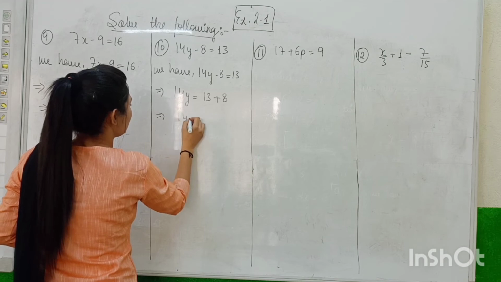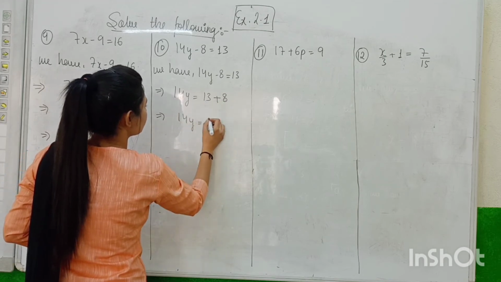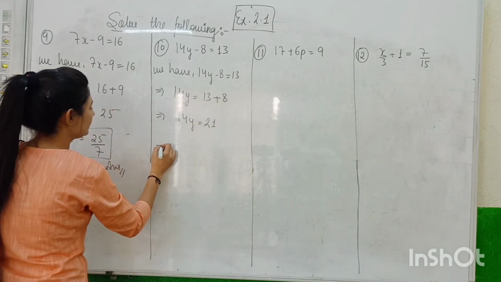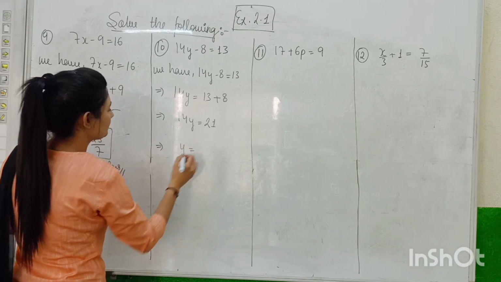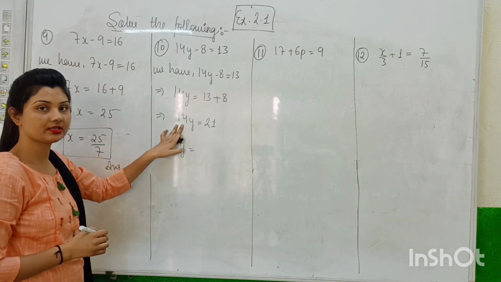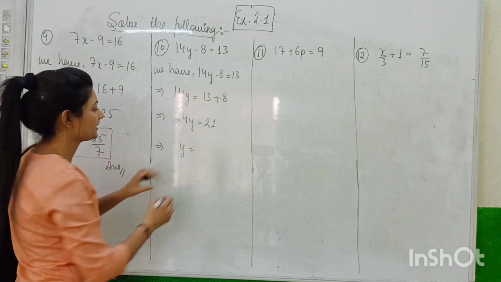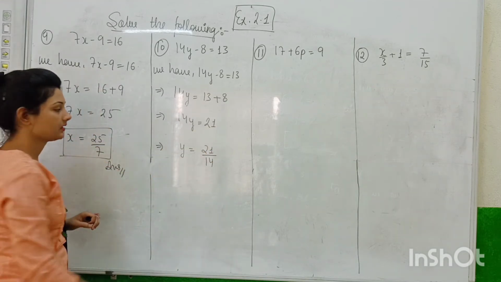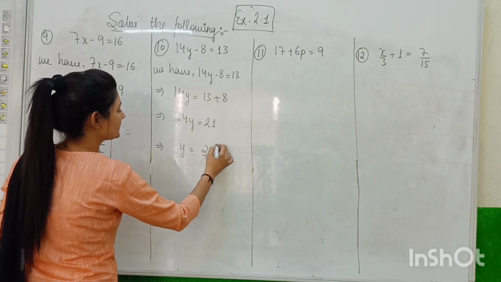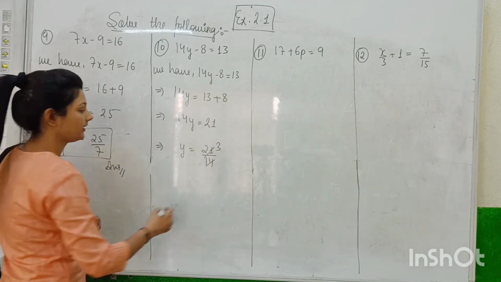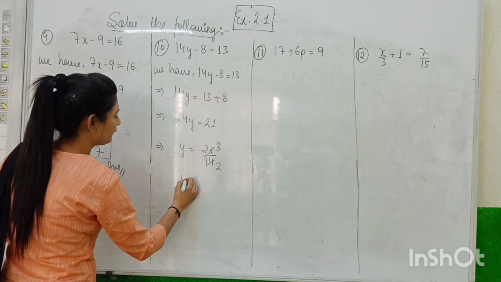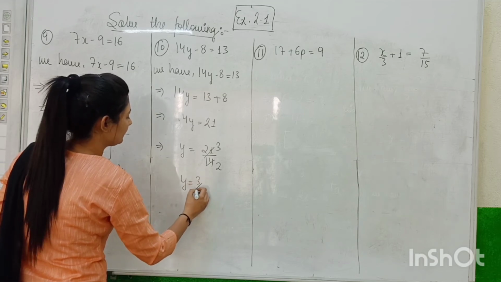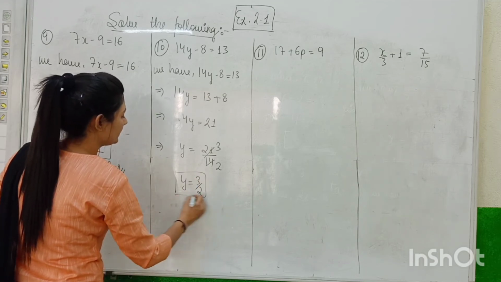So 14y is equals to 13 plus 8, that is 21. So this y equals to, this 14 is in the multiplication. So now in the right hand side this will go in the denominator, that is division. So this both will be divisible by 7. 7 into 3 is 21 and 7 into 2 is 14. So y will be equals to 3 by 2.